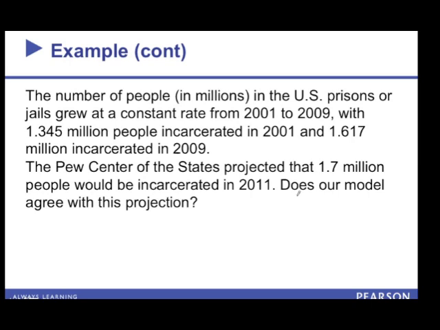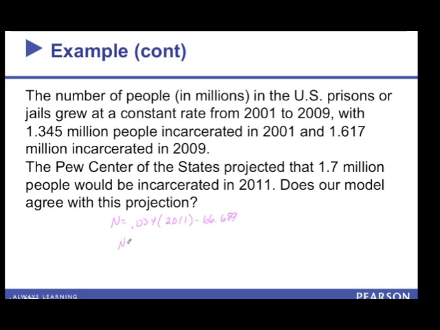We have that the Pew Center on the States projects 1.5 million people incarcerated in 2011. Does our model agree with that prediction? Well, let's use the equation we just wrote. n equals 0.034 times our x, which becomes 2011, minus 66.689.